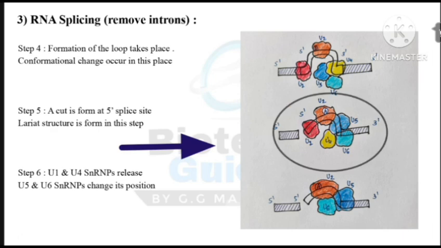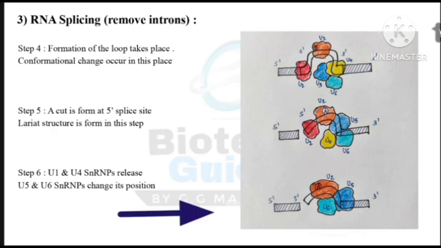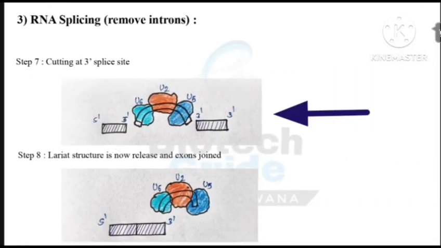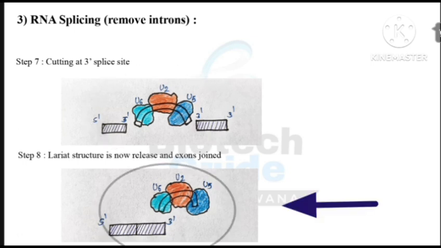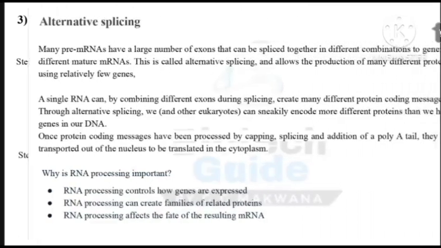Then in step 6, U1 and U4 snRNPs are released, and U5 and U6 snRNPs change their position. Then in the 7th step, cleavage occurs at the 3' splice site, and at the end, in step 8, the lariat structure is released and the exons are joined together. So this is the RNA splicing process.